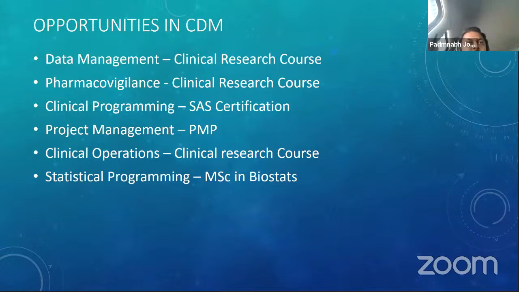So these are some of the opportunities available in the CDM industry, and being a BPharm or MPharm, you can take up any of these if they come your way. Don't hesitate to get into this role, because typically when we do BPharm or MPharm, we either go for research in labs, or marketing, worst case scenario, or production units in organizations having production facilities.